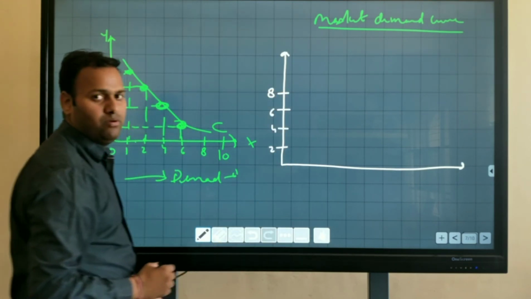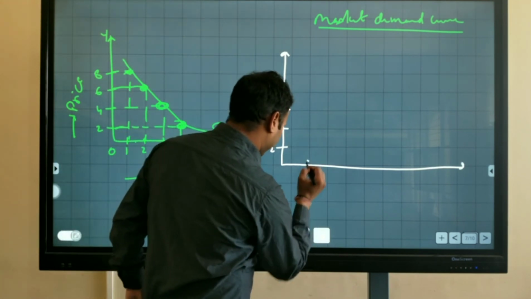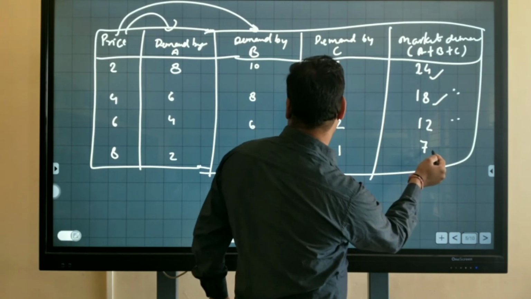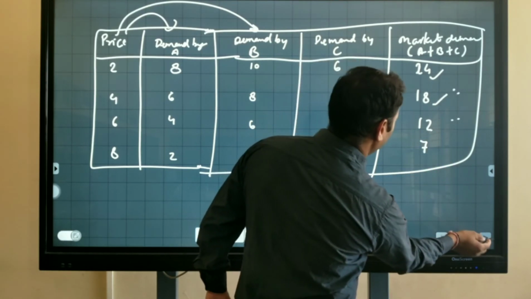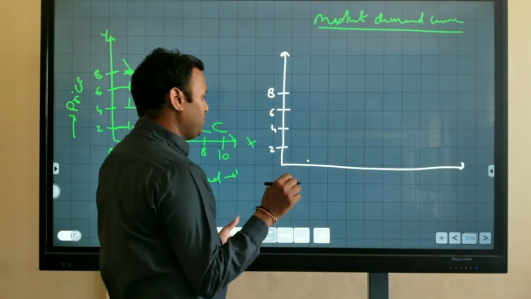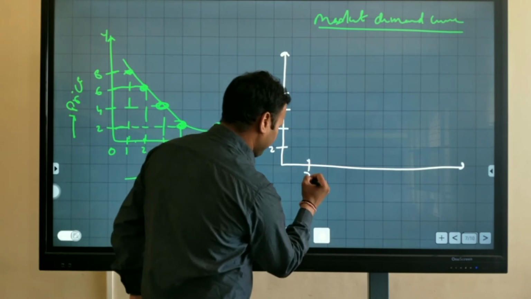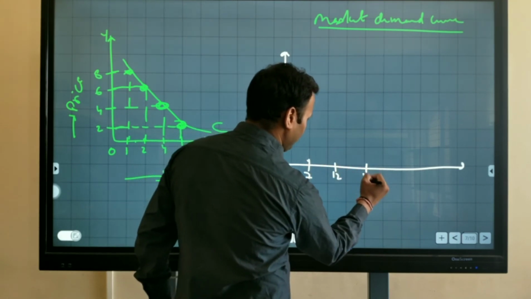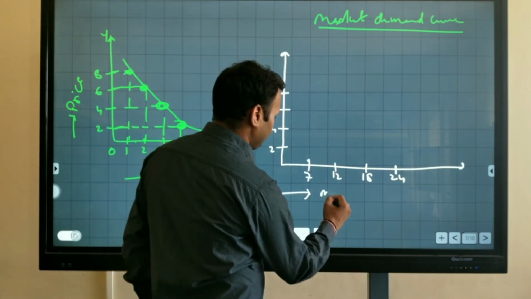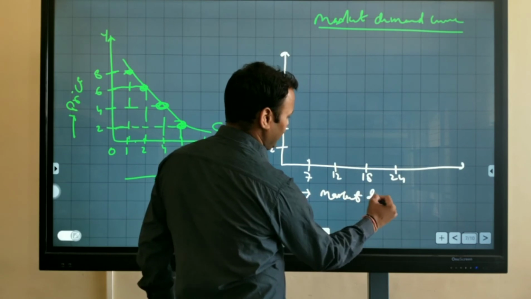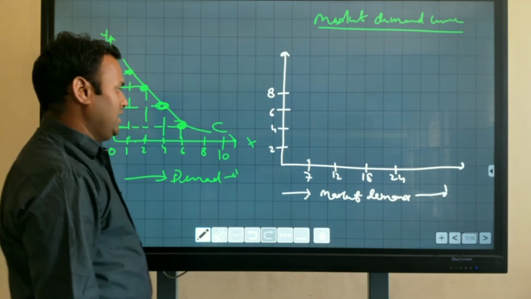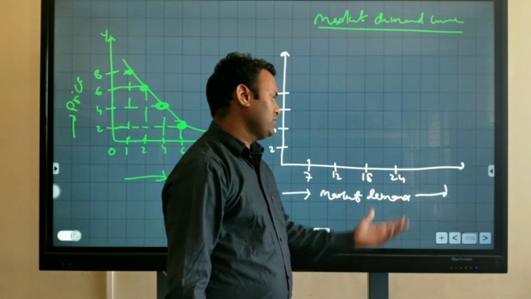Price will be the same. Now here for the market demand curve, just see the schedule: 7, 12, 18 and 24. So you can do it by measurement. I just roughly write it here: 7, 12, 18 and 24. This is the market demand, that is 7, 12, 18 and 24.